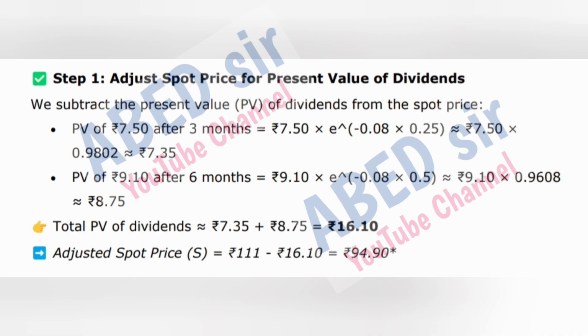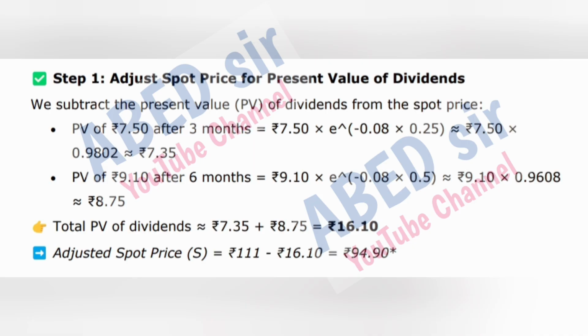Step 1. Adjust spot price for present value of dividends. We subtract the present value, PV, of dividends from the spot price. PV of 7 rupees and 50 paise after 3 months is equal to 7 rupees and 35 paise. PV of 9 rupees and 10 paise after 6 months is equal to 8 rupees and 75 paise.